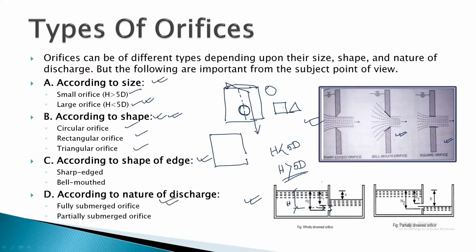Now according to the nature of the discharge, there is one free condition, and the other two are fully submerged and partially submerged. This is the fully submerged condition, because you can see at the outlet the water is fully submerged, but here at the outlet it is partially submerged, partially open and partially submerged. So these two conditions are there, and depending on that we will determine the value of the discharge.